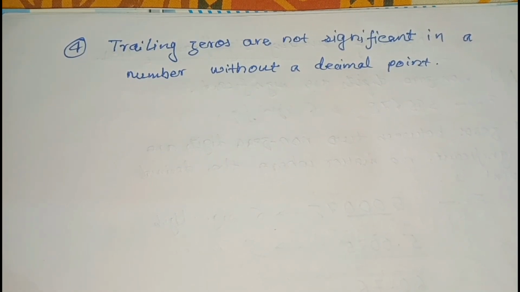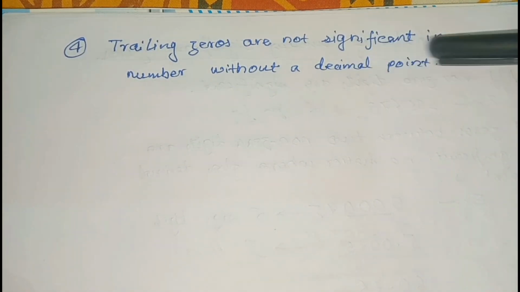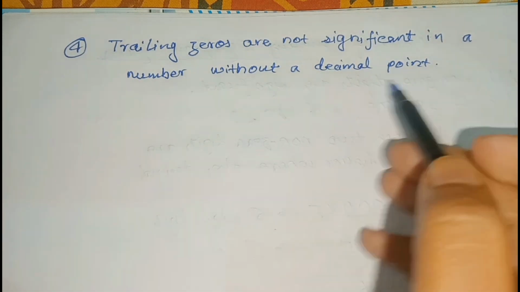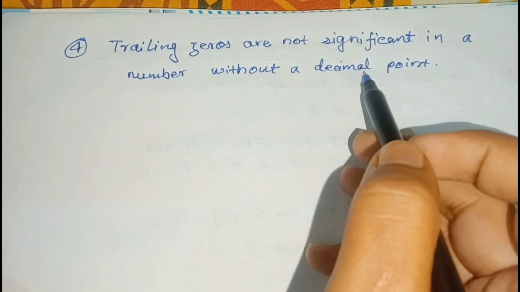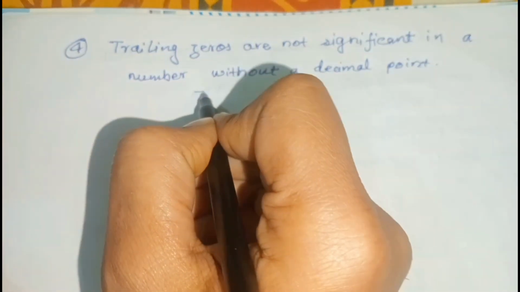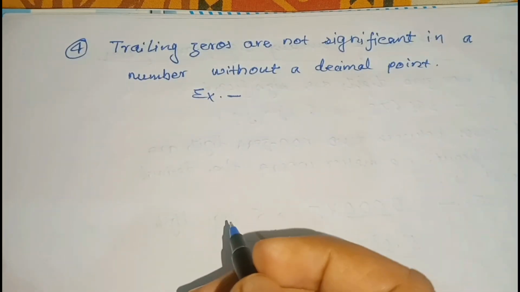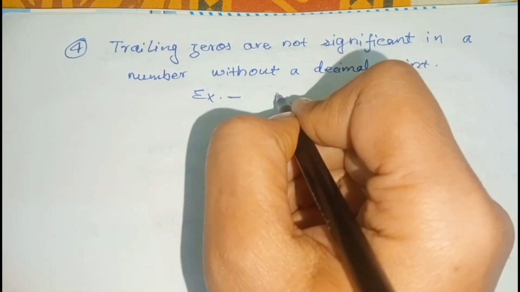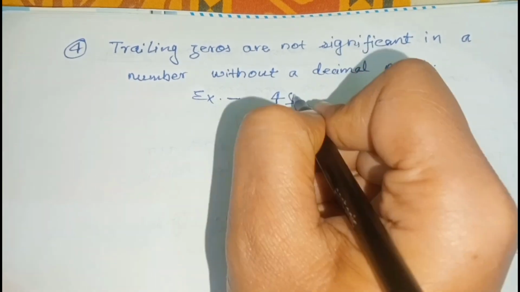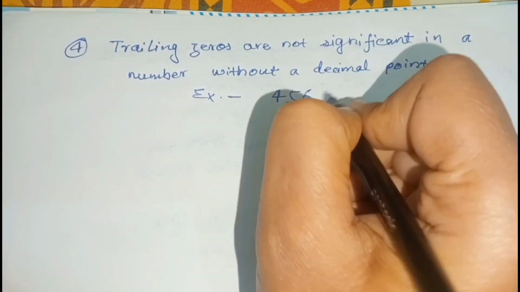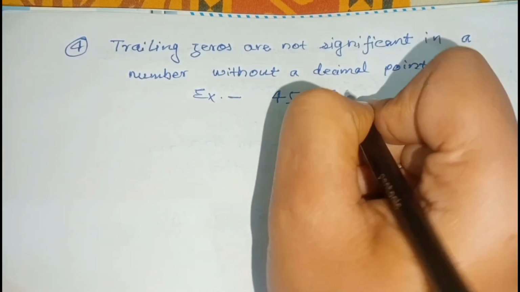Rule number 4 says that trailing zeros are not significant in a number without a decimal point. Let us take one example: a number without a decimal point having some trailing zeros. Suppose that 4, 5, 6, 0, 0, 0.